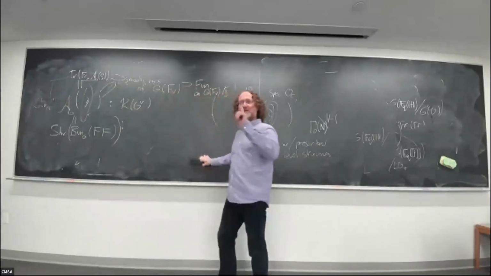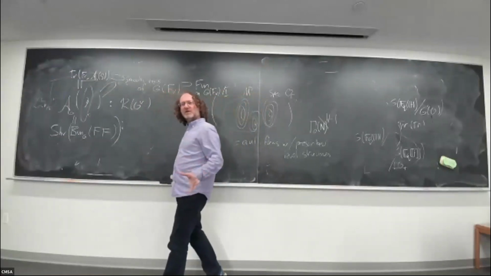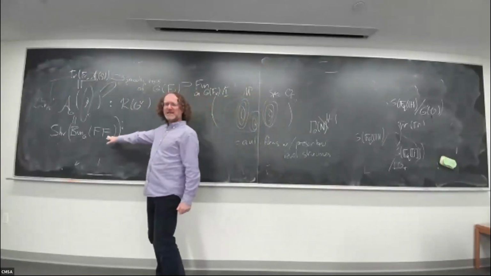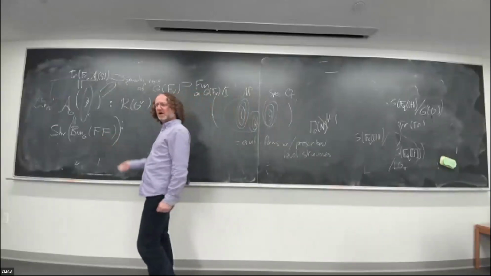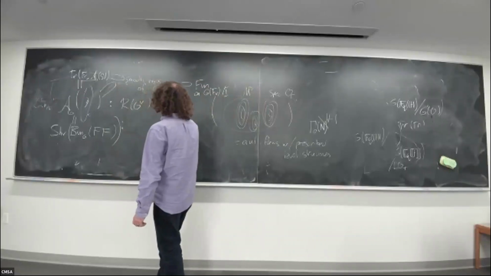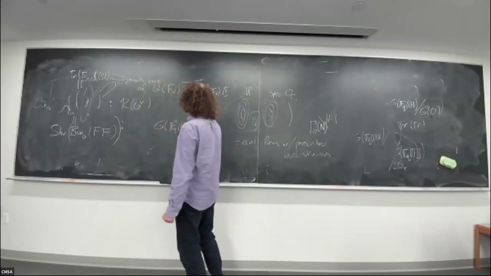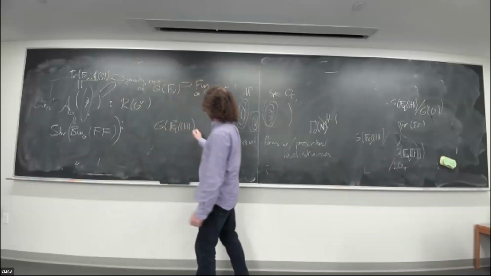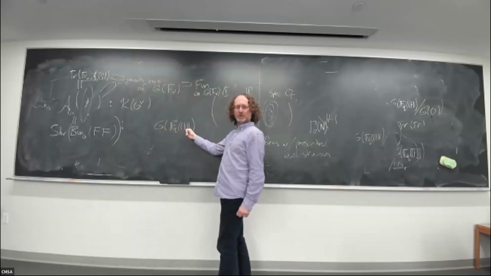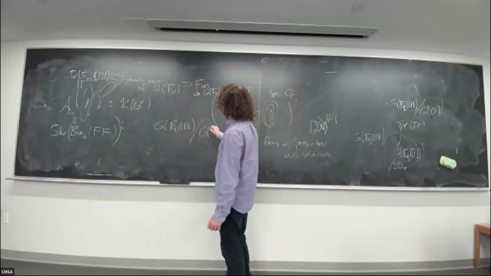Xinwen's answer in the function field setting, which is very close to Lafforgue, Xinwen and Lafforgue would say something which has essentially the same set of points in some sense, but there's a different model in the function field setting. You can look at sheaves on the loop group over F_q bar, and I want to look at Frobenius conjugation.